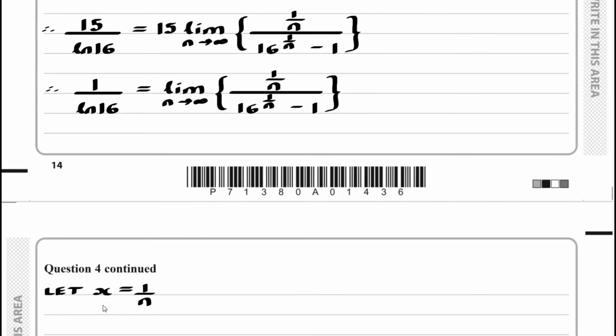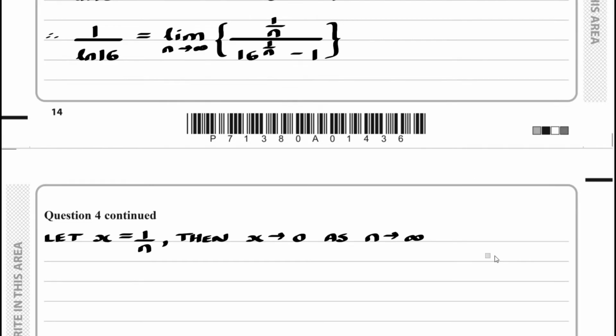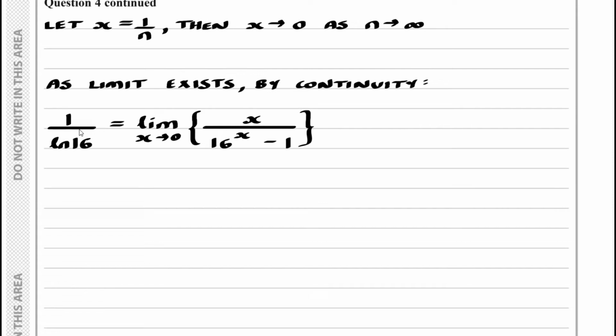Now, if we let x equal 1 over n, then as n tends towards infinity, x tends towards 0. As the limit exists by continuity, we have 1 over the natural log of 16 equaling the limit as x tends towards 0 of x over (16^x subtract 1).